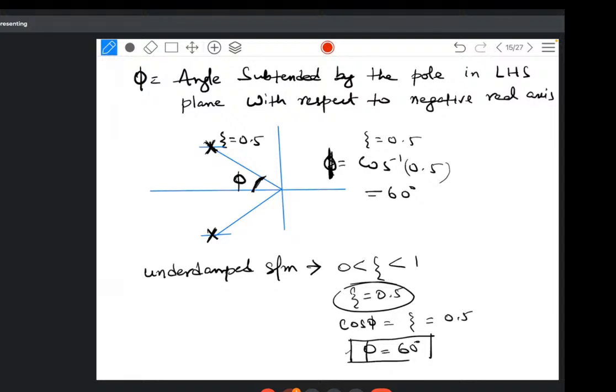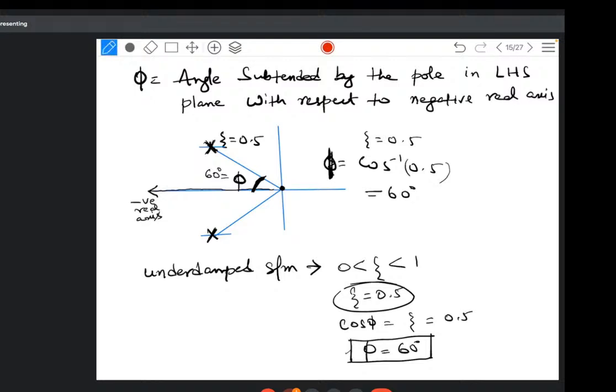Phi equal to 60 degree means what? With respect to this negative real axis, phi will make an angle of 60 degree, and the pole will be located in the LHS of the complex plane.